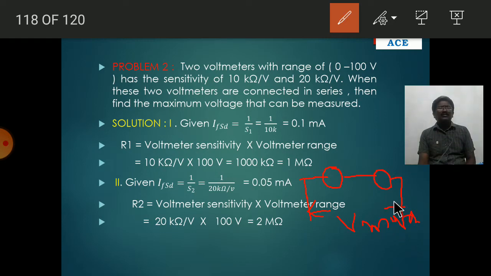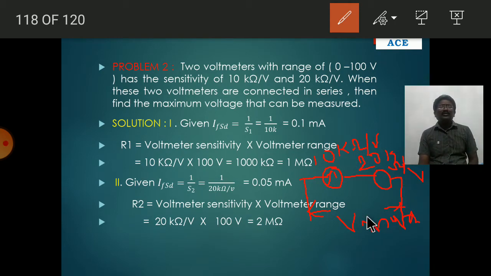This is the voltage. First meter, given sensitivity 10 kilo ohm per volt. For the second meter, given sensitivity 20 kilo ohm per volt.